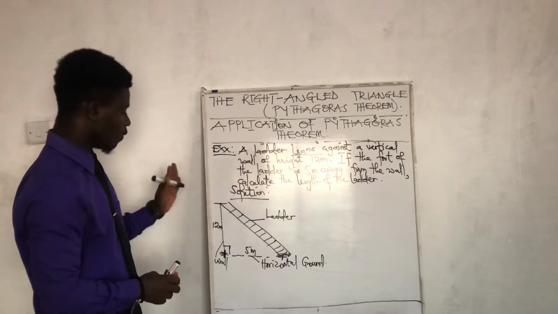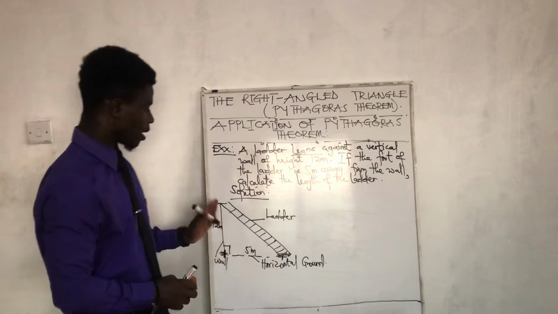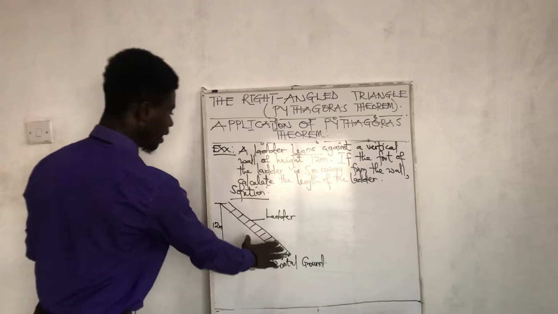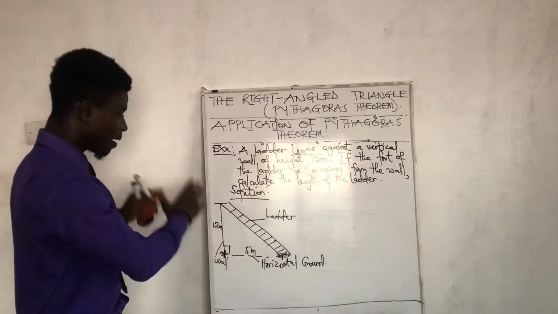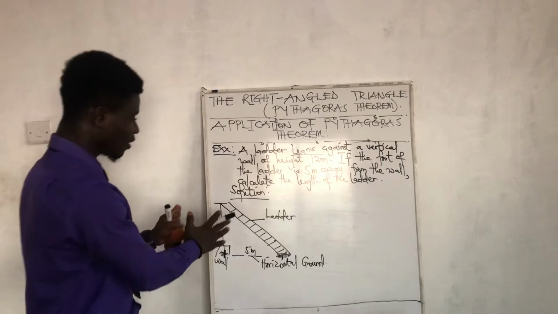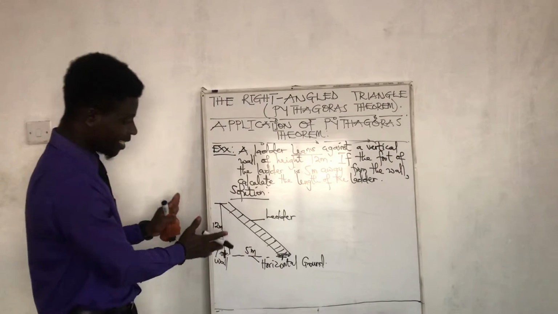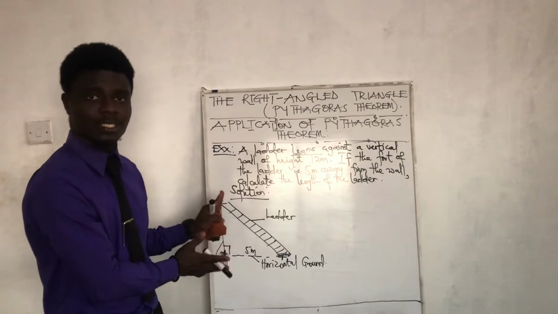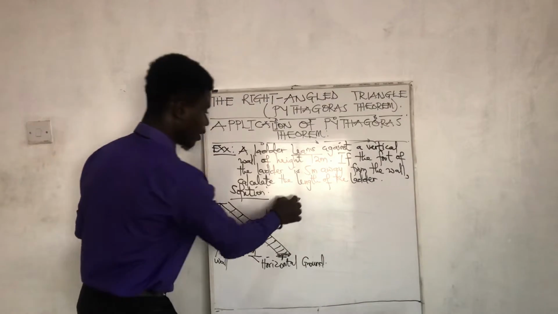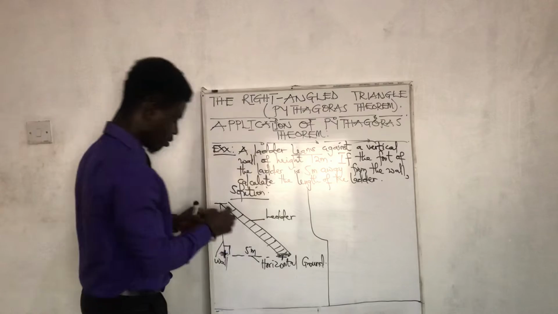Calculate the length of the ladder. Now, if you want to calculate the length of this ladder, then you have to apply Pythagoras theorem, because this shape is a right-angled triangle.